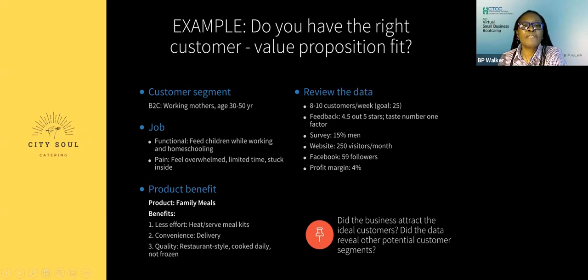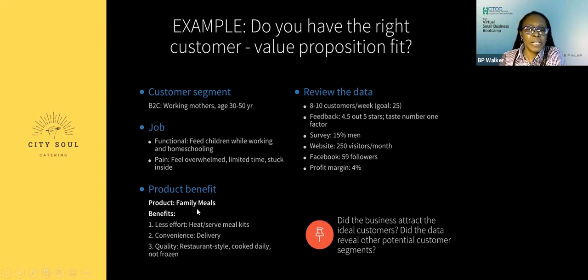And their pain of trying to feed their children while working and homeschooling is that they're feeling overwhelmed. They had limited time and they were stuck inside. So it wasn't like, when the pandemic first hit, you could just run out to the grocery store and do whatever you need to do. Now, these were the pain points in trying to get this functional job done.